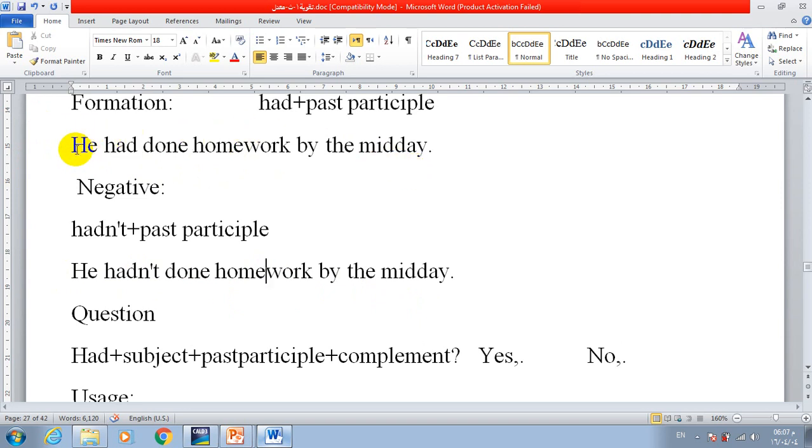When I want to change it into negative, I say he hadn't done homework by the midday. Here we use the subject pronoun he and hadn't, then we put after it the third form of do, done.